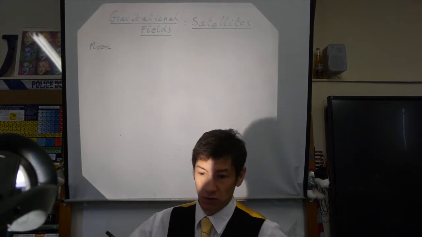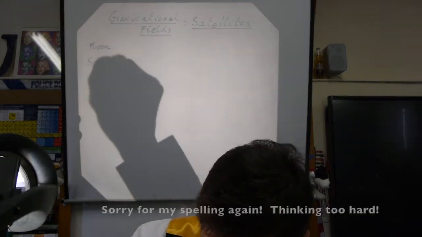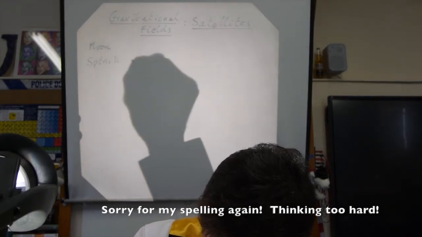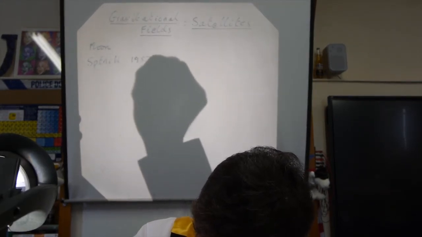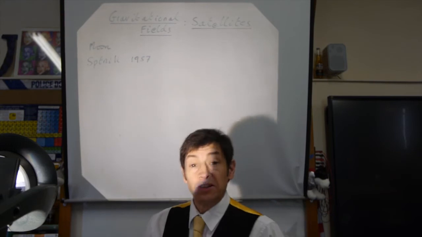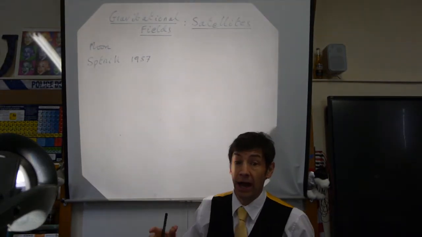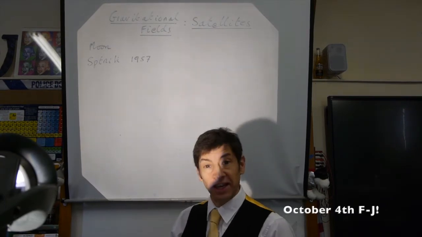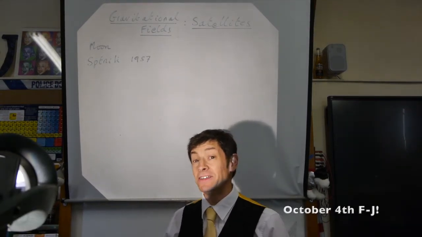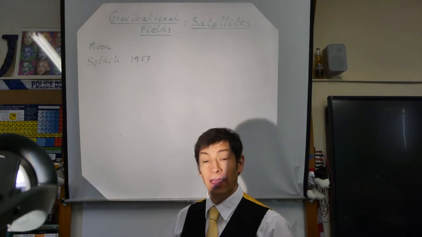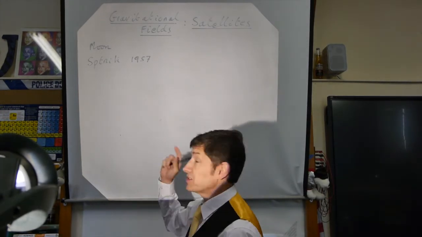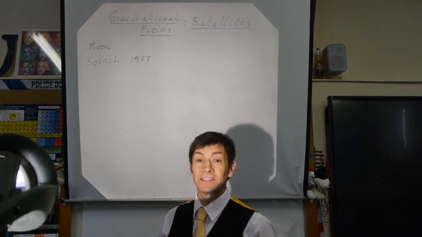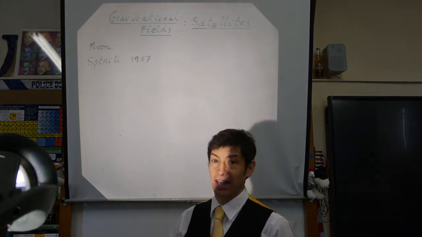And this was Sputnik. On October the 1st, 1957, the Russians had successfully put a satellite into orbit around the Earth, and they'd made it. This type of satellite we'll refer to as a man-made satellite.